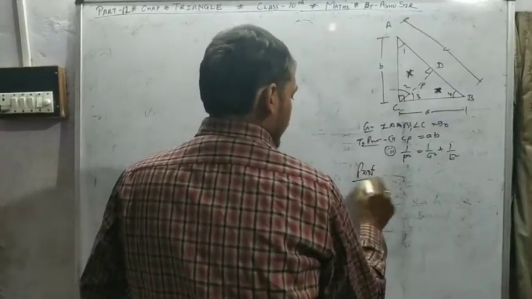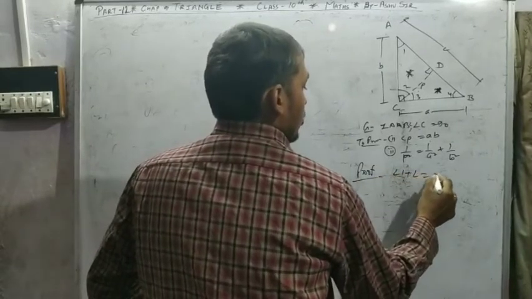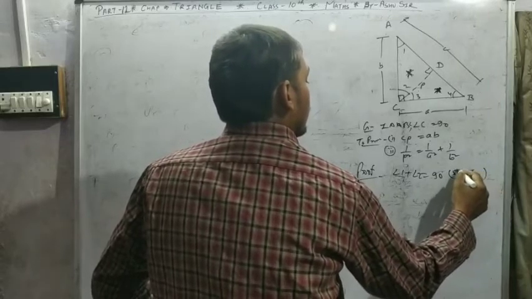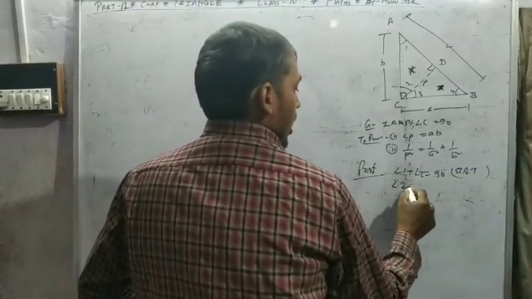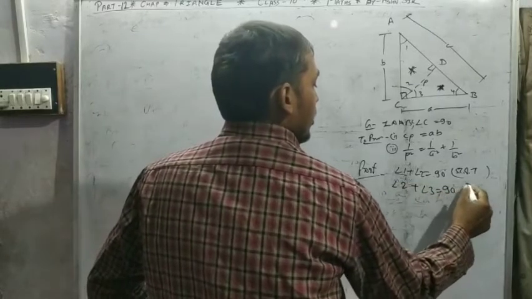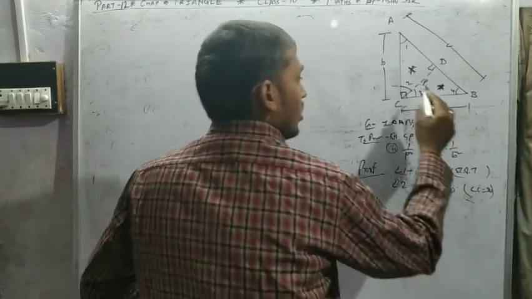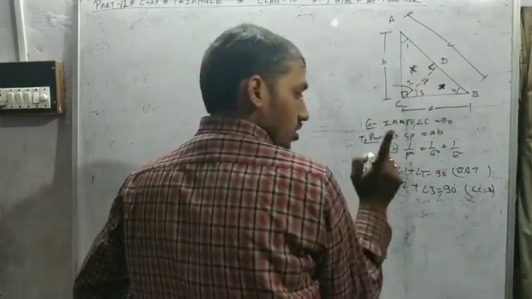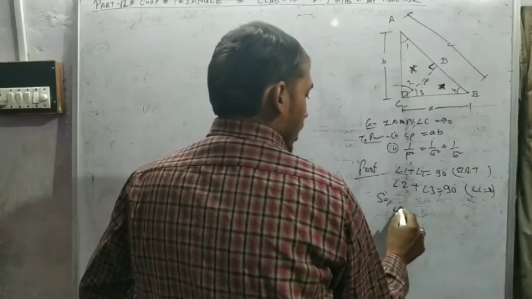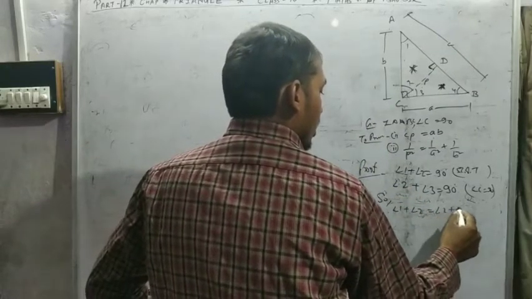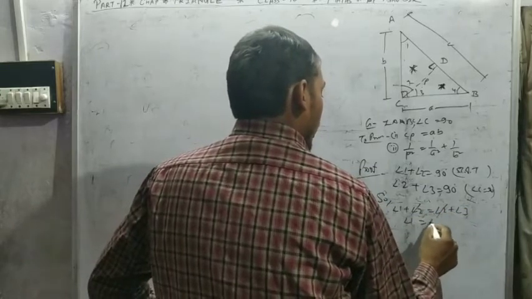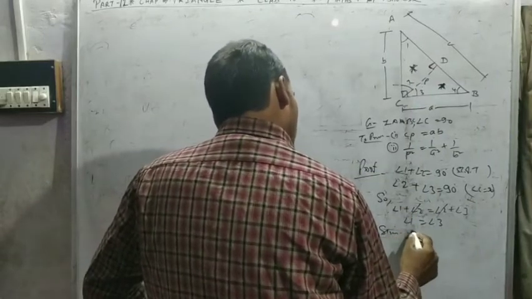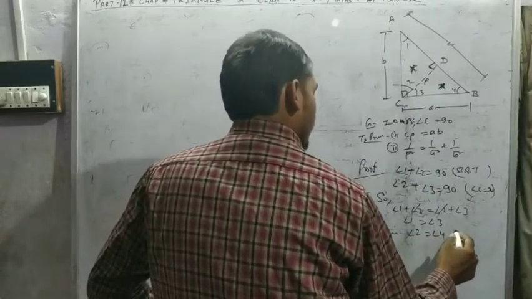Proof: angle 1 plus 2 is 90, sum of interior angles of a triangle. Angle 2 plus angle 3 is 90, because angle C is 90, this whole is 90, so the remaining two angles sum is also 90. So angle 1 plus angle 2 is equal to angle 2 plus angle 3, 2 cancels, angle 1 equal to angle 3. Similarly angle 2 is equal to angle 4.